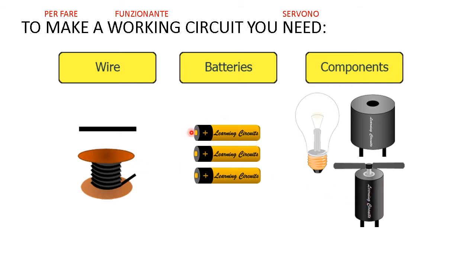The batteries are the power source because they give the power or electricity, and the components use the electricity. You need all three. Without the wire, the circuit will not work. Without the batteries, the circuit will not work. Without the components, the circuit will not work.